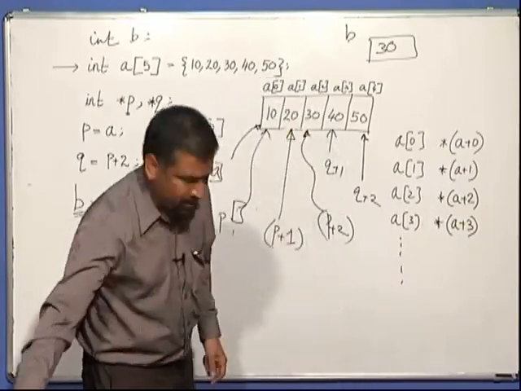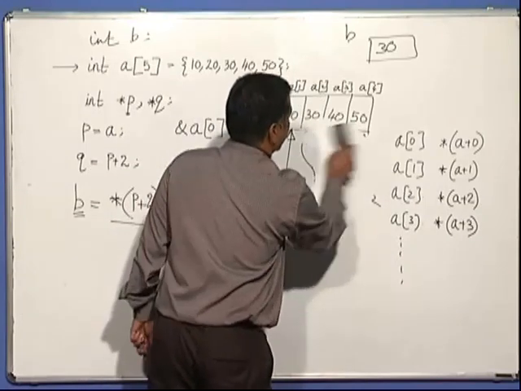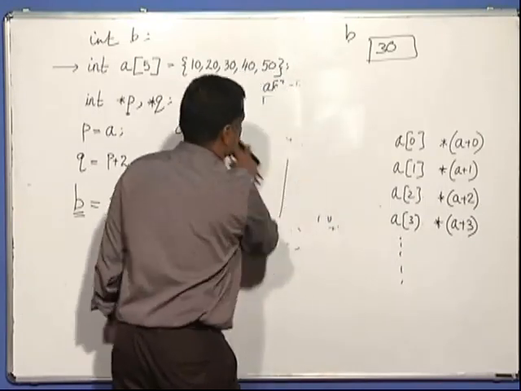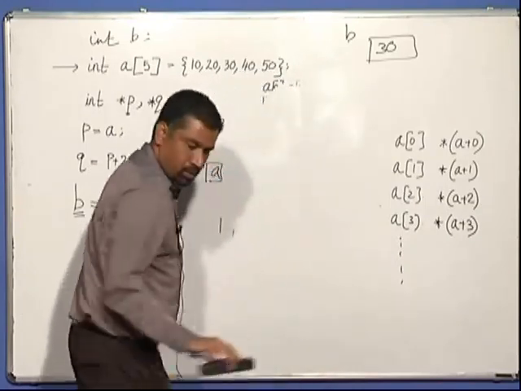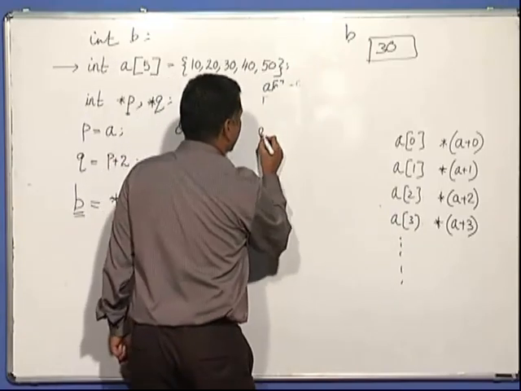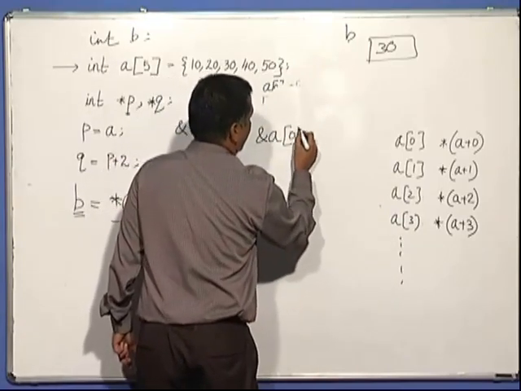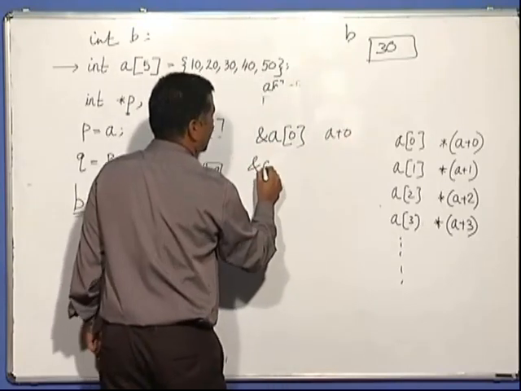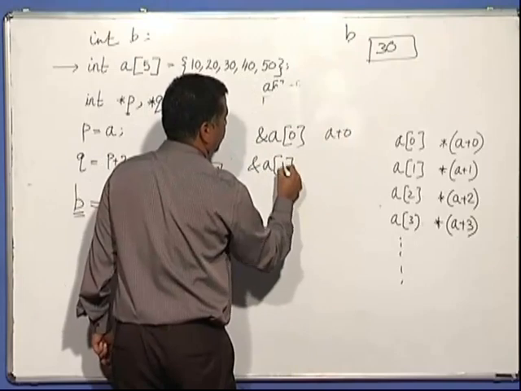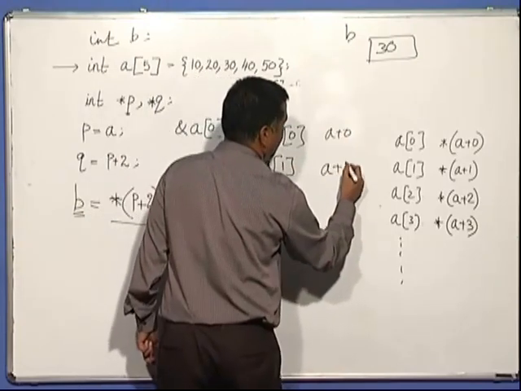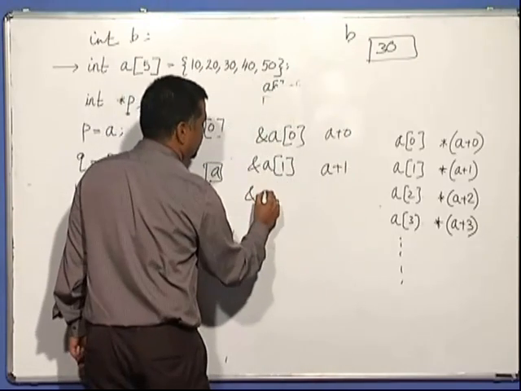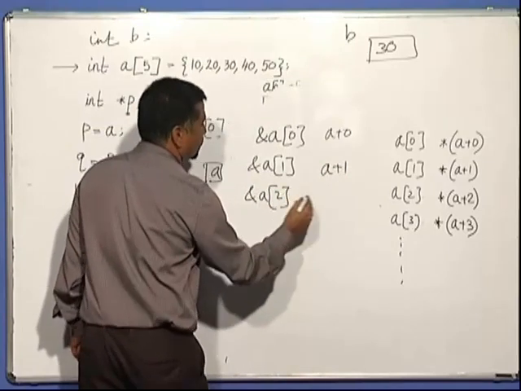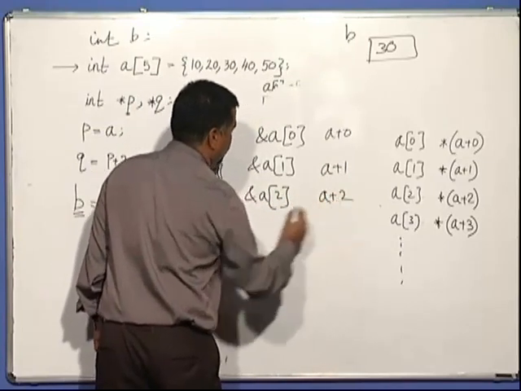So now, in the same way, I would like to denote, this is simply A plus 0, address of A of 1. Address of A of 1 is simply A plus 1. Address of A of 2 is simply A plus 2, and so on and so forth.